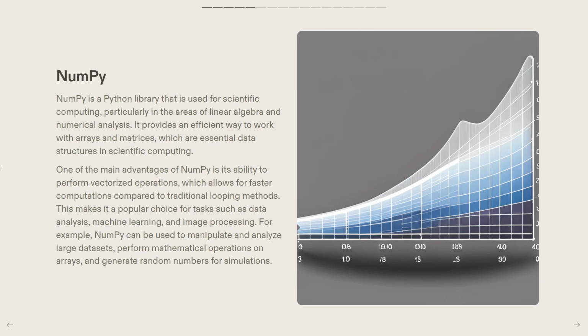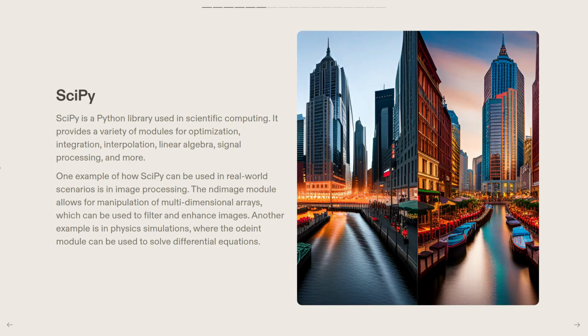This makes it a popular choice for data analysis, machine learning, and image processing. For example, NumPy can be used to manipulate and analyze large datasets, perform mathematical operations on arrays, and generate random numbers for simulation.